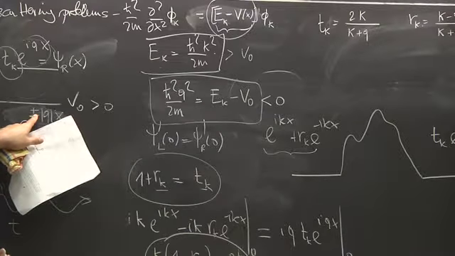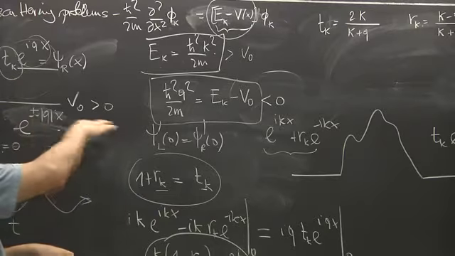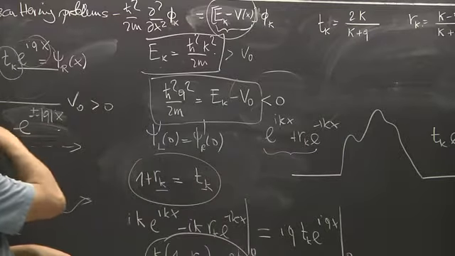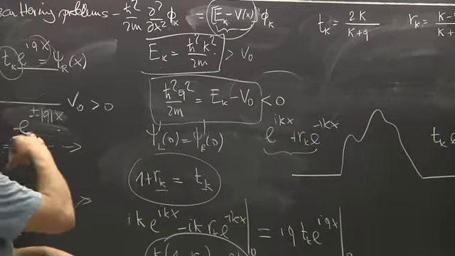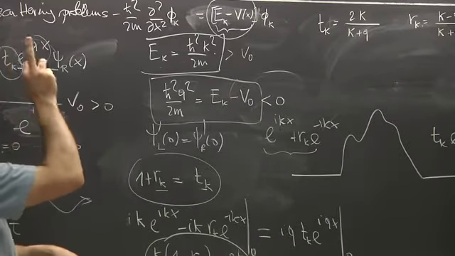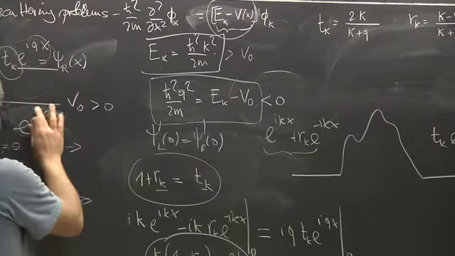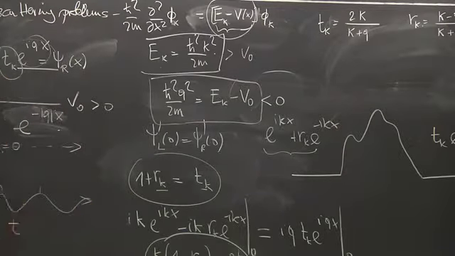It tells you that the more you go inside a barrier, with an energy less than the barrier, the more you go to the right, the more probability you would have of finding the particle. Very, very strange, right? So in fact, totally unphysical.